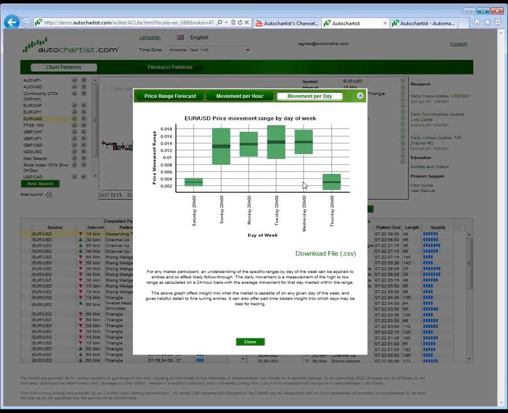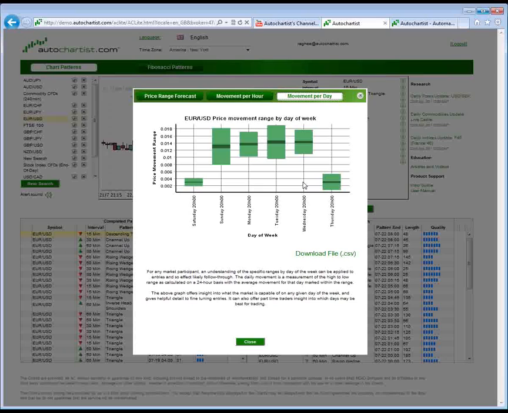What the guys did, in a nutshell, was take the data that was coming in and look at some basic rhythms of the market. They started off with this broader view: what is the price movement by day of week on average. So looking back over the course of a sample period, and I don't remember if this is a 6-month sample period for the movement per day or the movement per hour.